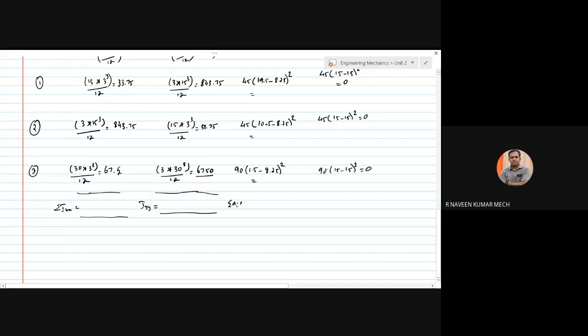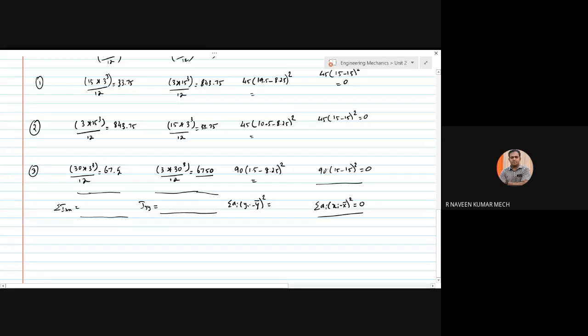Summation of Ai into (yi minus y bar) whole square. So I need the summation value. Once you add it, you will get the value of Ixx.